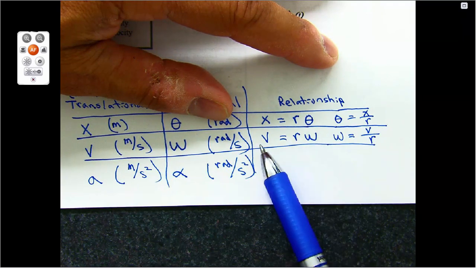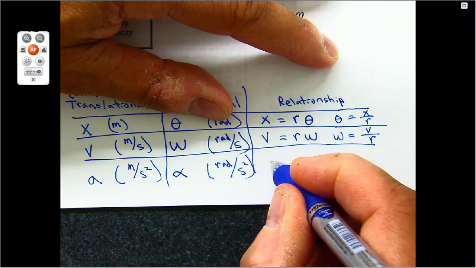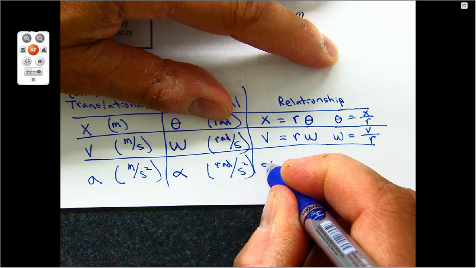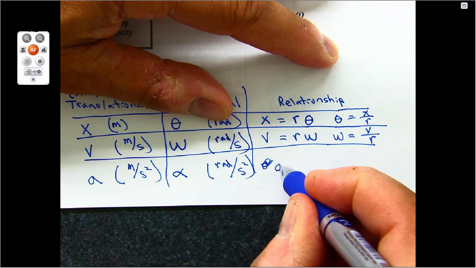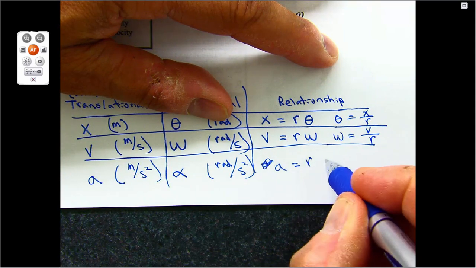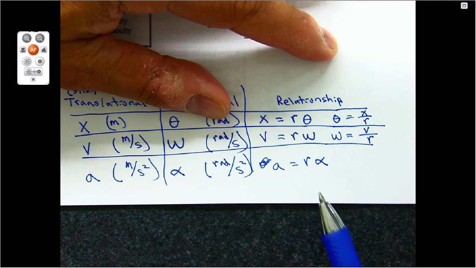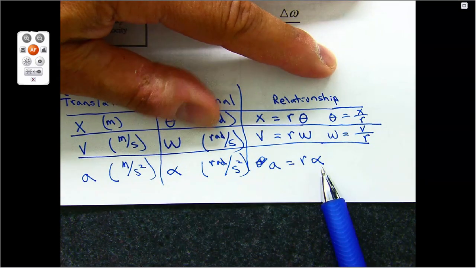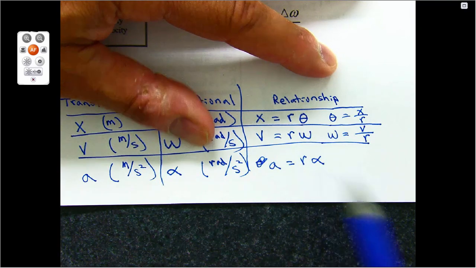So you get meters per second on both sides. And for here, our acceleration is going to be r alpha. Because what units is this in? Radians per second squared. So this would give us meters per second squared.